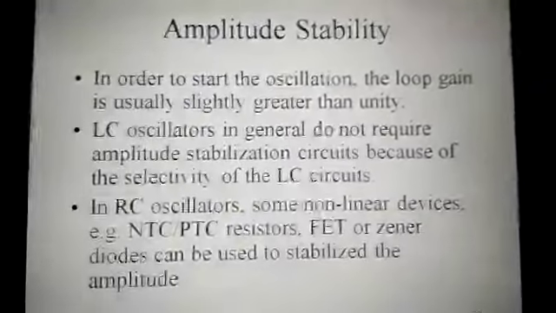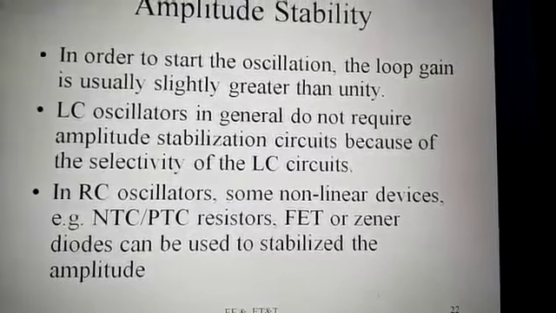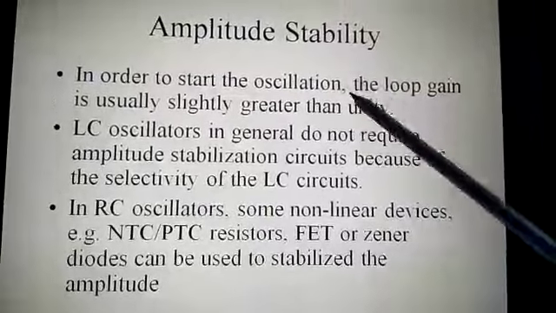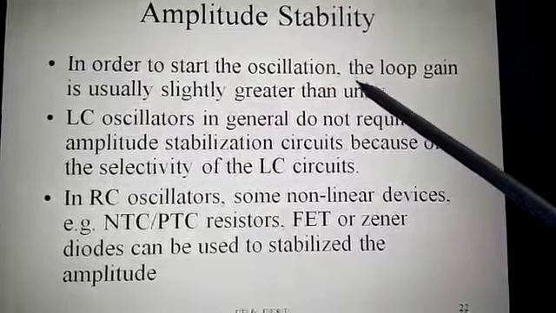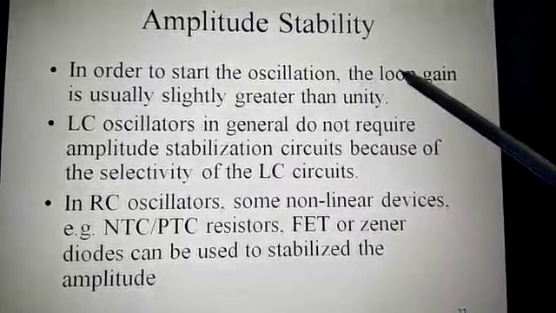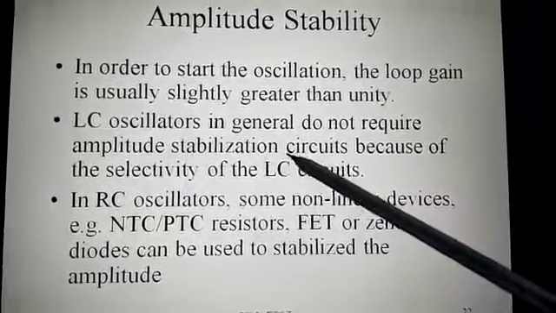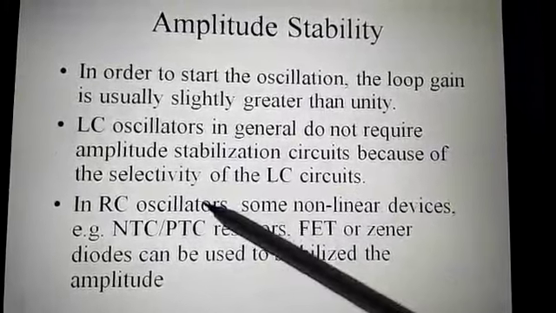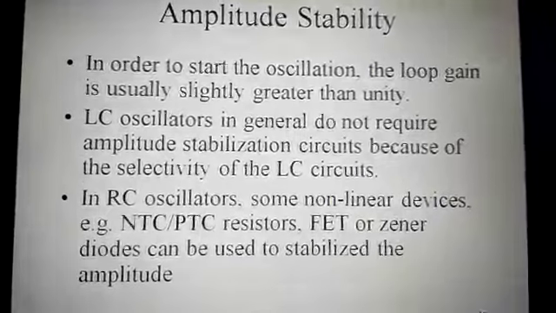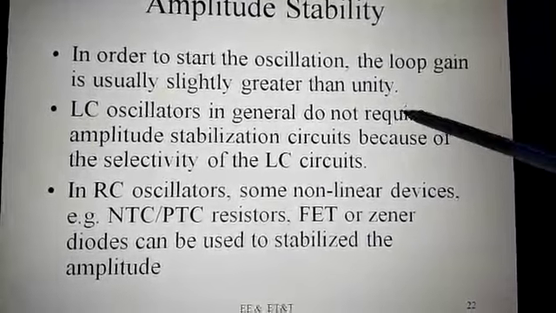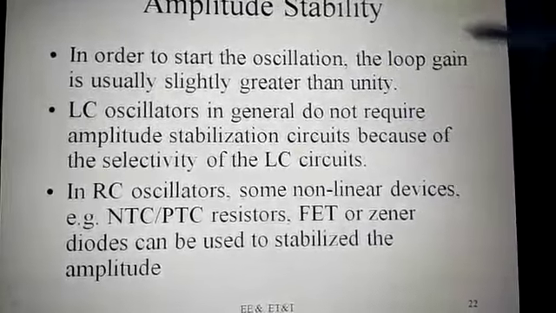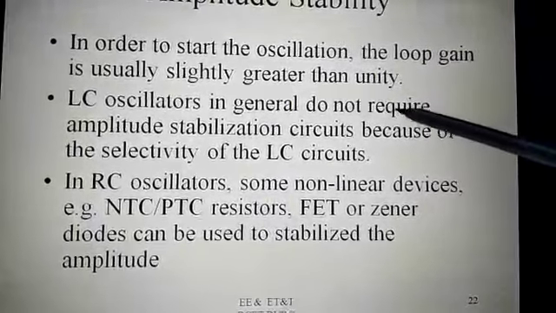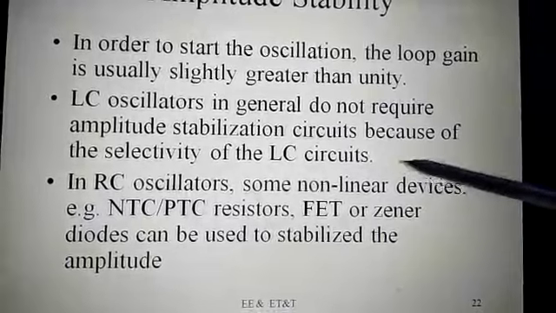Then amplitude stability. In order to start the oscillations, the loop gain is usually slightly greater than unity. A beta is called the loop gain, and this should be slightly greater than unity. LC oscillators in general do not require amplitude stabilization circuits because of the selectivity of the LC circuits. We do not need amplitude stabilization because this stability can be obtained using the LC circuit.